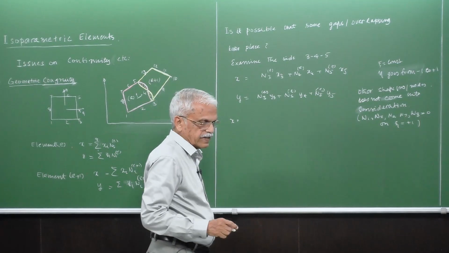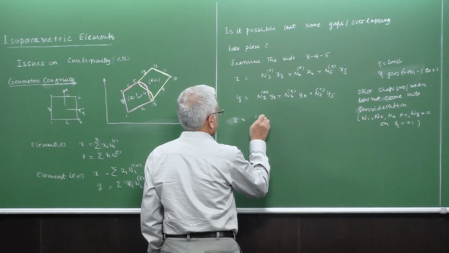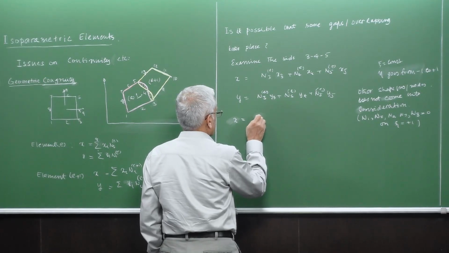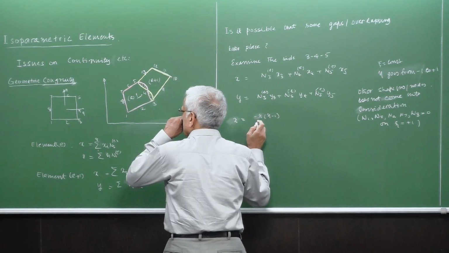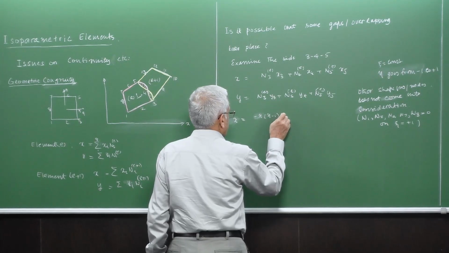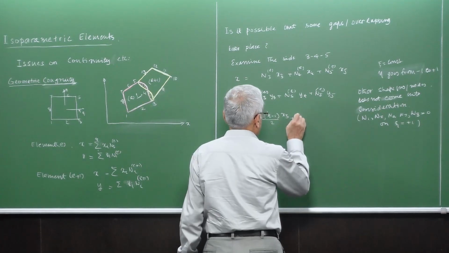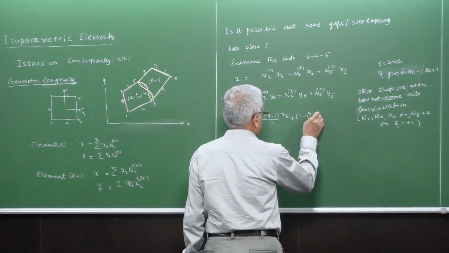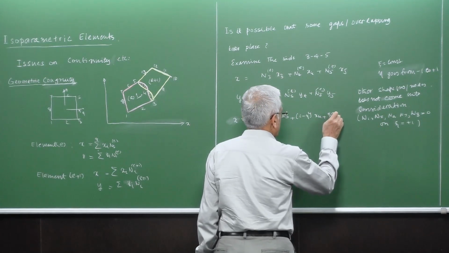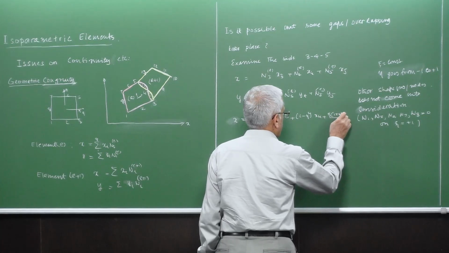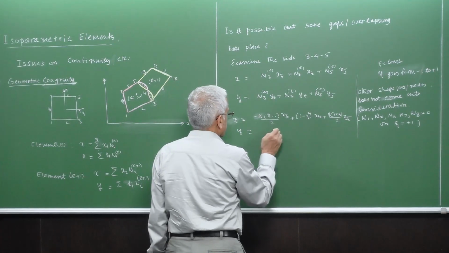So what we will get here is just 1 minus eta square x4, this is what it looks like. And similarly the same thing.